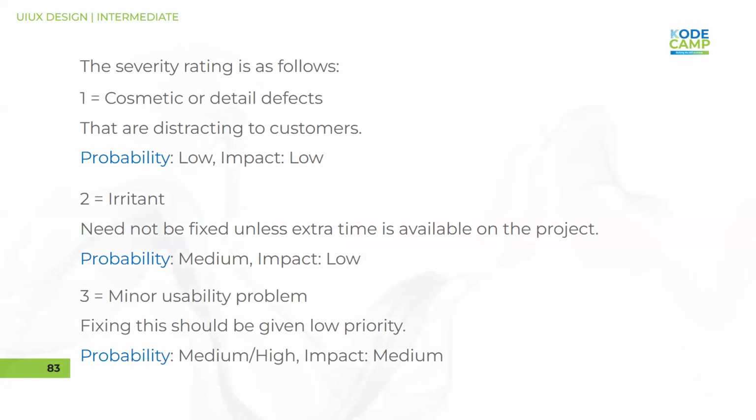Number one: if the product that you are evaluating has a usability problem you rate as 1, that means this particular failure or feature is distracting to customers. We can call it a cosmetic or detail defect, and we can give it a probability of low, and also an impact of low.